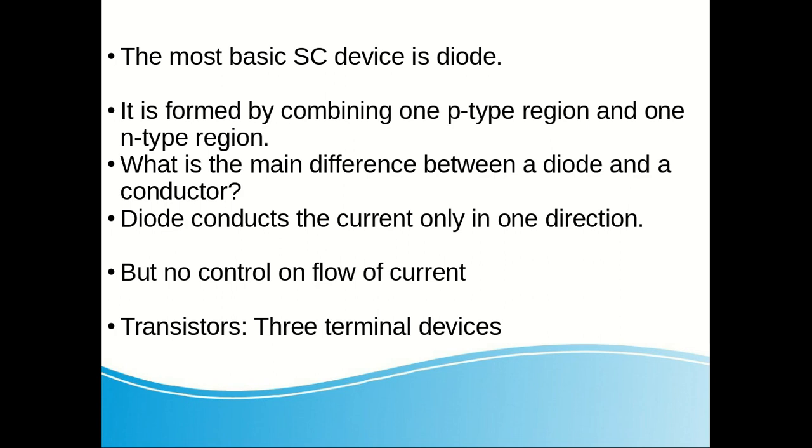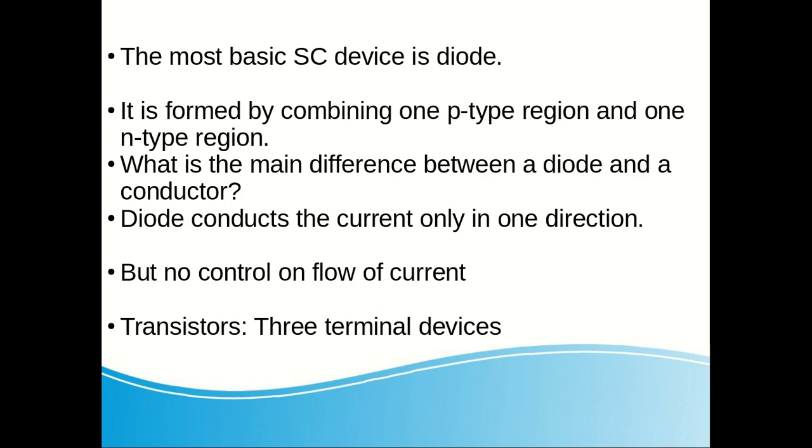So what is this difference? The diode actually conducts only in one direction, whereas a regular conductor, for example a copper conductor or an aluminum conductor, conducts in both the directions. The diode conducts only from P side to N side. It will not conduct current from N side to P side.